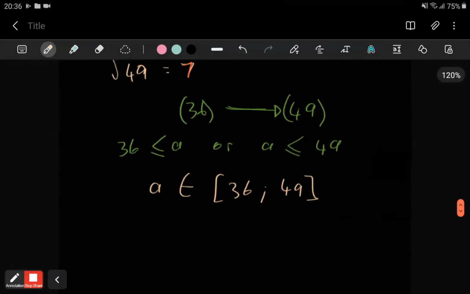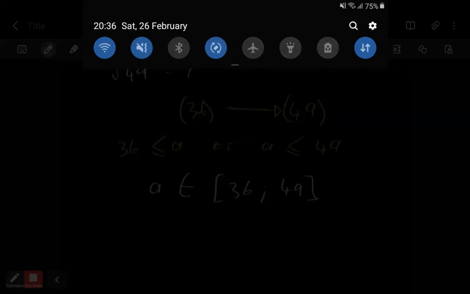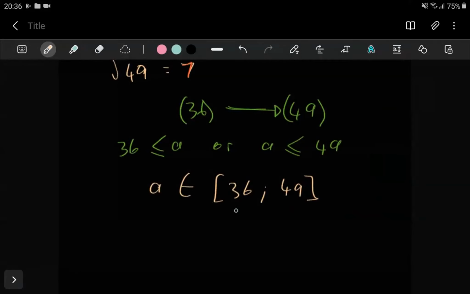Okay, so this means you are restricting the value of a to being something between 36 and 49, where the square brackets say you start from 36, and 36 forms part of the solutions you're looking for. The other square bracket says you end at 49, and 49 should be included as part of your solutions.